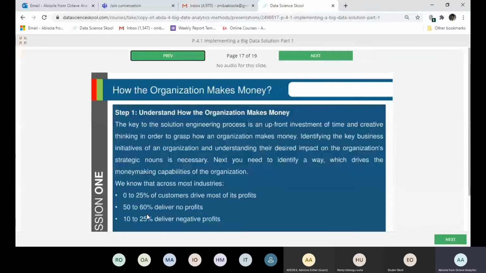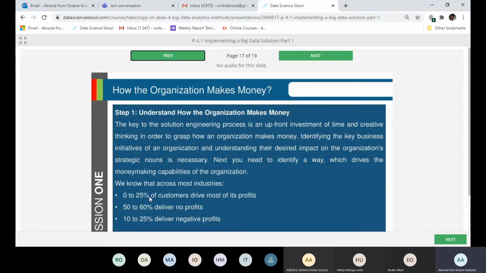So this is an example. Across most industries, this happens. So you can use this as a basis to measure that, okay, we see that 25% of customers drive most profit. So if 25% of customers drive most profit, then we should target customers, but then what are the other things that drive more profits within the organization? Maybe we should shift our target to those other things and so on.